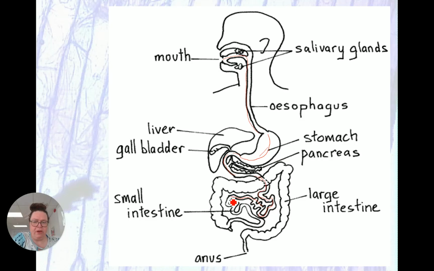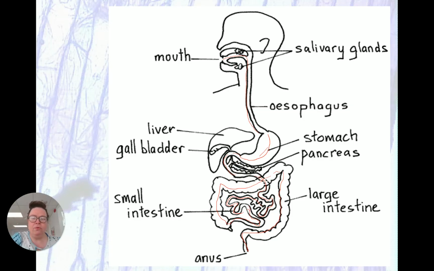You can tell I was never any good at colouring in, can't you? It stays within this canal all the way round and all the way out. And the reason I say that is because I had a couple of people the other day that asked about the pancreas and the food going through the pancreas. Okay, the food stays in this canal.